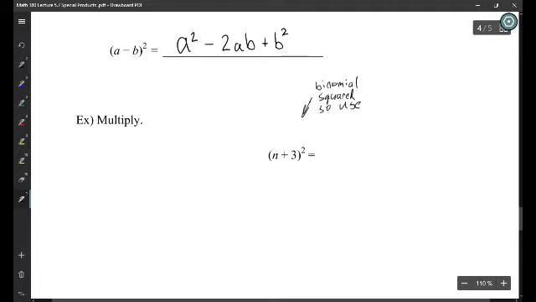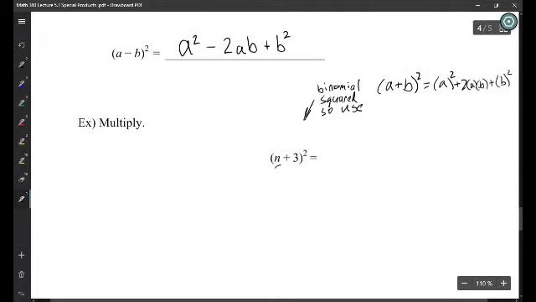So use a plus b squared equals the first thing squared plus 2 times the first thing times the second thing plus the last term squared.